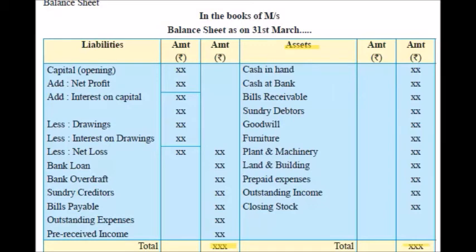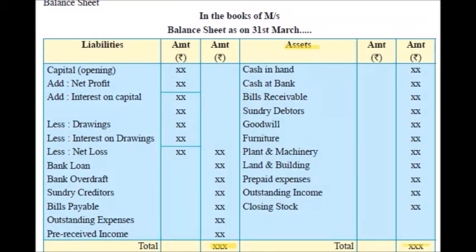So this is the format of the balance sheet, and we need to check that an equal amount comes on both sides. Then only will the problem be correct. By using this format, we'll solve some problems on the balance sheet.